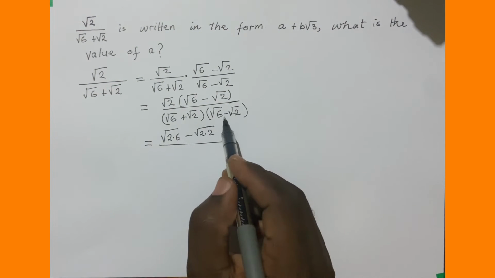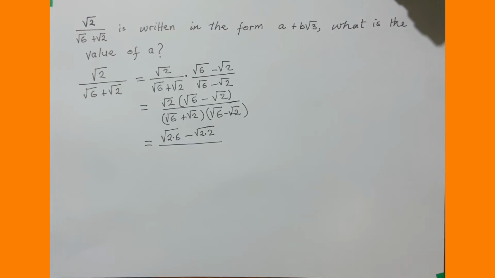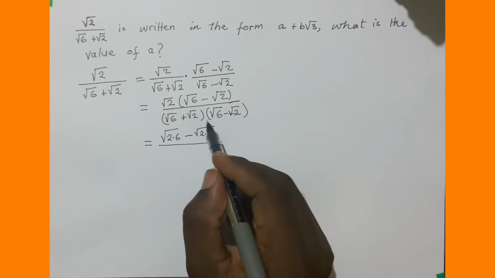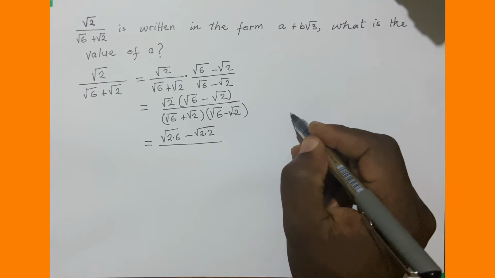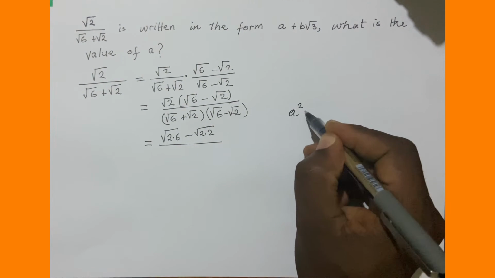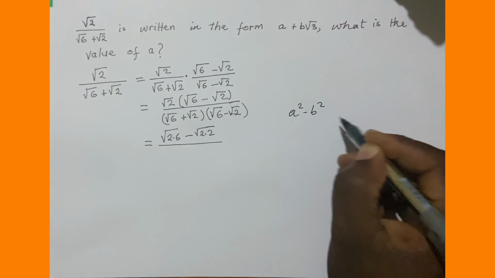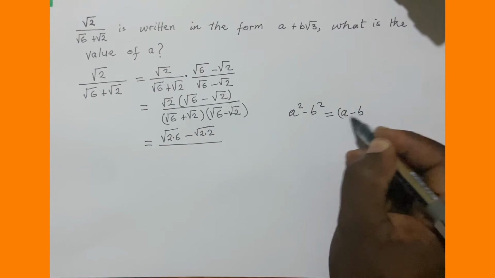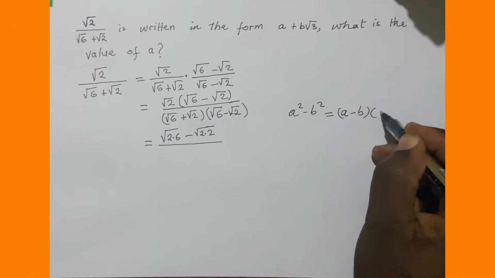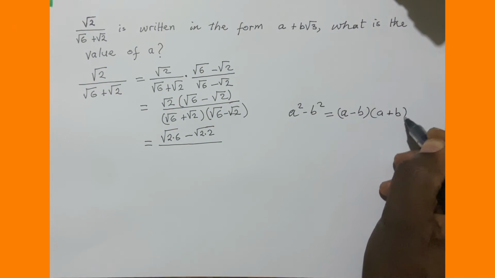Now observe that the denominator can be expressed as a difference of two squares. Remember that a squared minus b squared is equal to a minus b times a plus b.